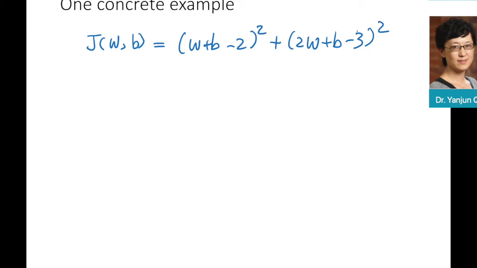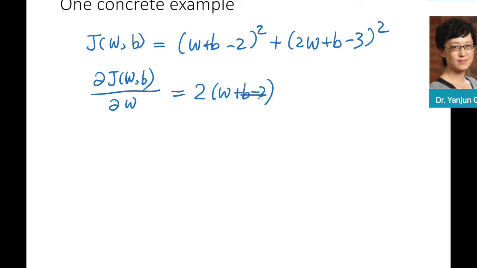Now I'm going to take partial derivatives of this loss function. And what should I get from here? It's actually pretty simple. When you take the derivative versus W, this gives me 2 times (W plus B minus 2), right?